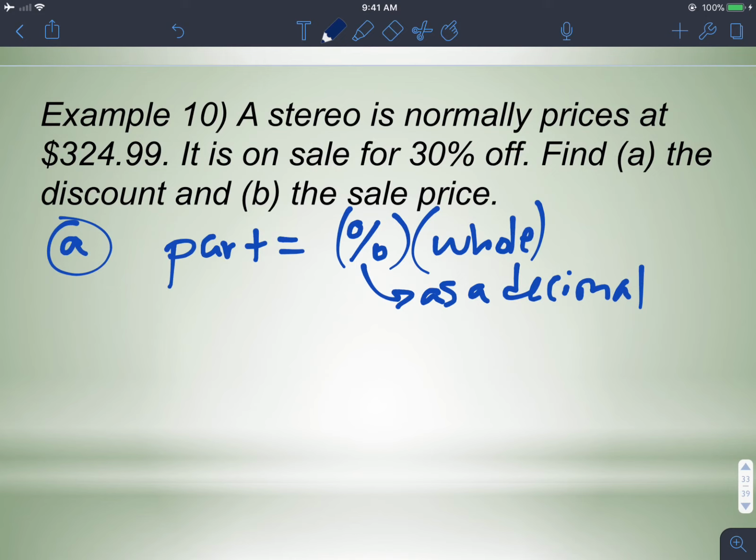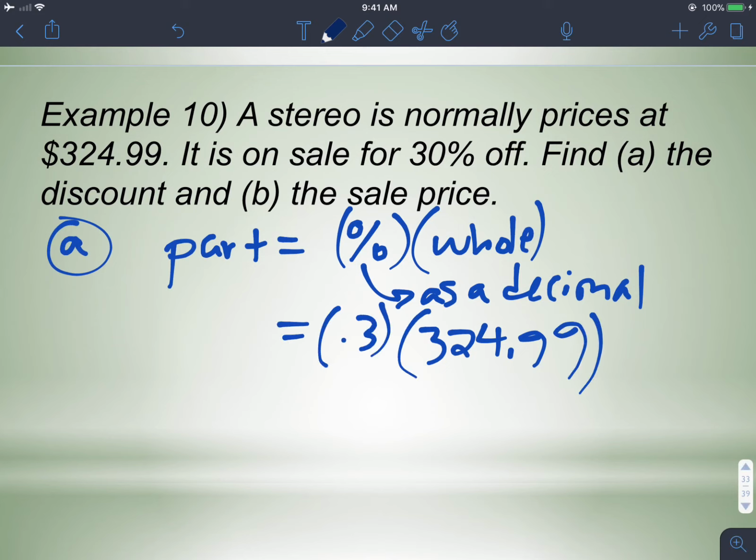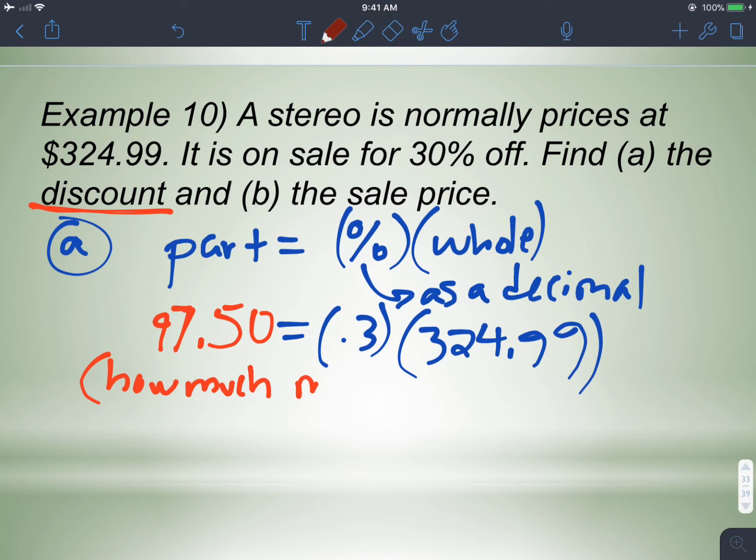Oh yeah, you're ahead of me, but how did you do that? I did 324.99 times 0.3. Good. And that got you what, 97.50. Okay. That's how much money off it is.